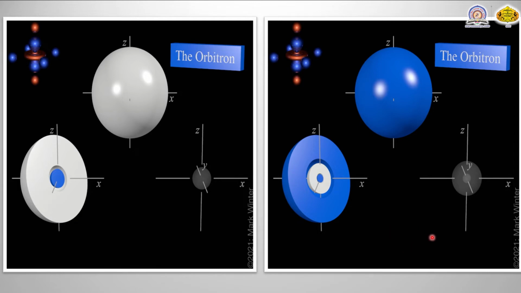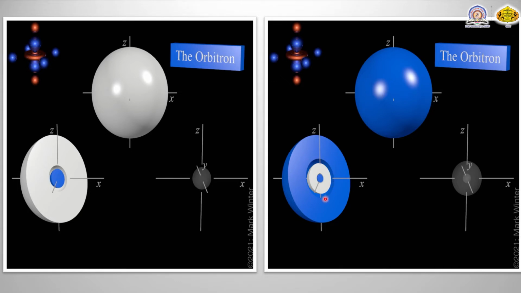So there are two nodes for the 3s orbital: in between 1s and 2s there is one node, and in between 2s and 3s there is one node. This is the first node, and this is the second node.